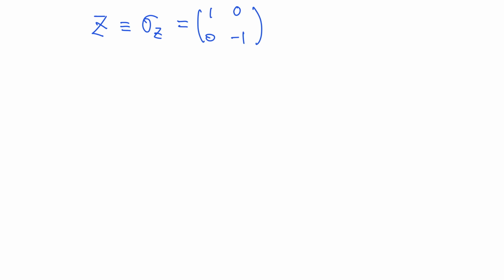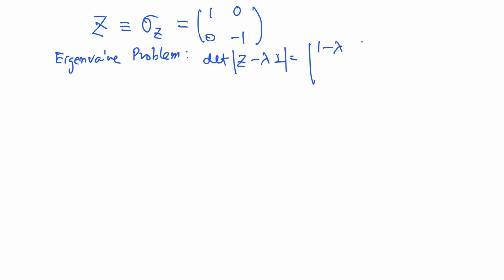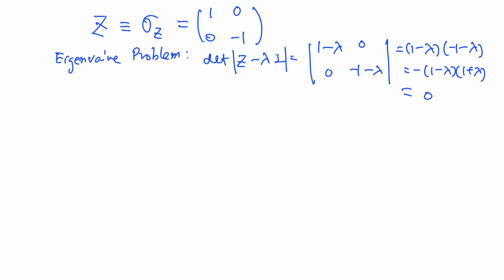So the eigenvalue problem: determinant of Z minus lambda I, which is (1 minus lambda, 0; 0, minus 1 minus lambda), which is (1 minus lambda) times (minus 1 minus lambda), equal to 0. So again, lambda is equal to plus 1 and minus 1, right?